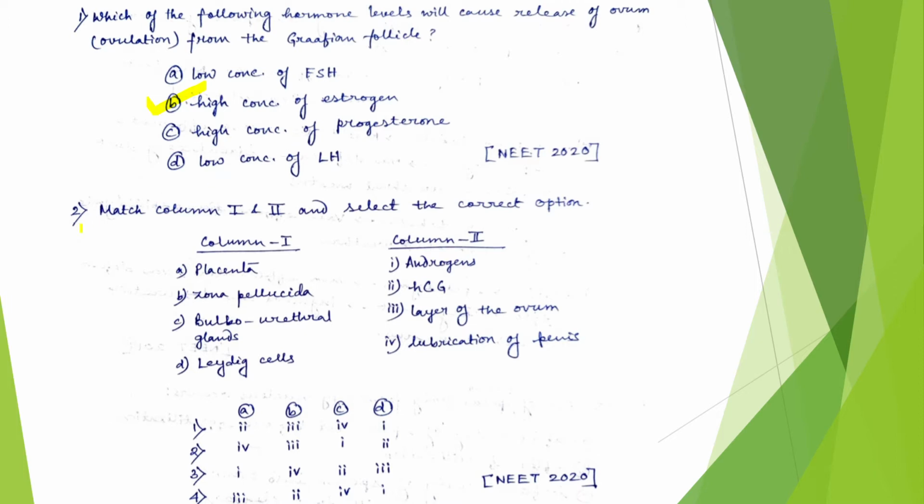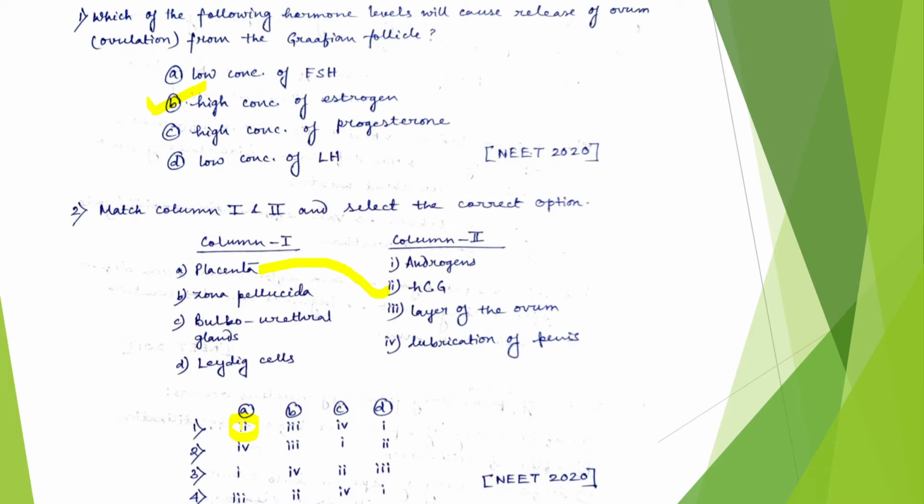Now the second question: match column 1 and column 2 and select the correct option. Now see, the placenta. From the placenta, which hormone is secreted? HCG. So option A will tie up with option 2. So let's find out where option A and option 2 are tied. See, in option 1, option A and option 2 are tying.